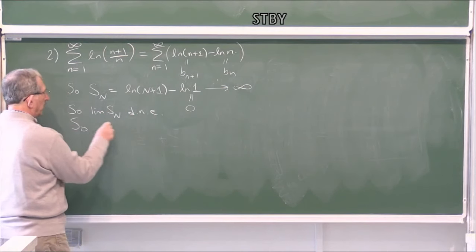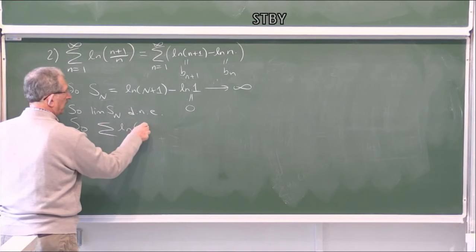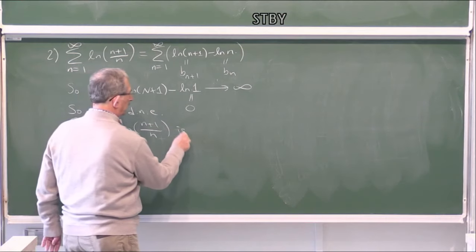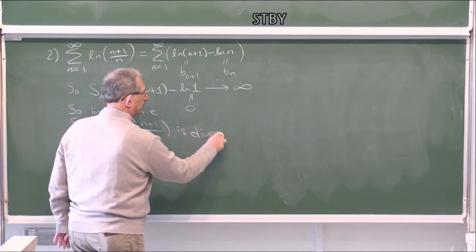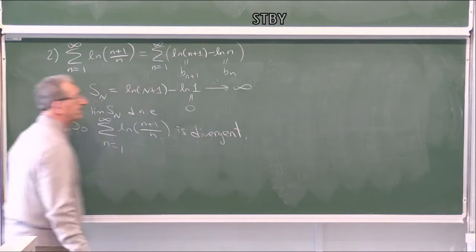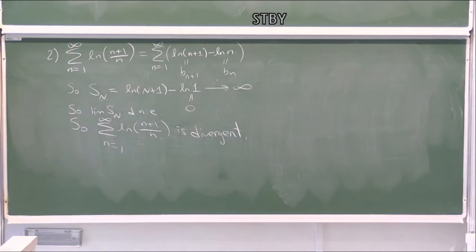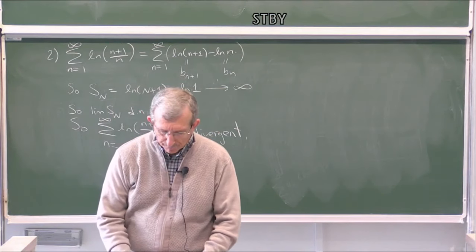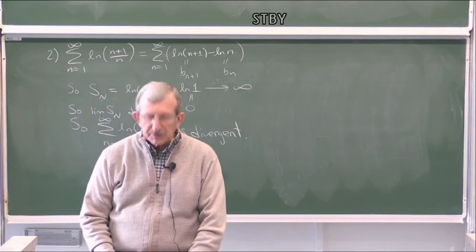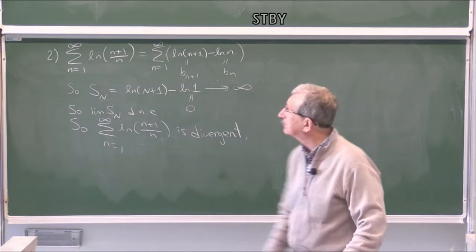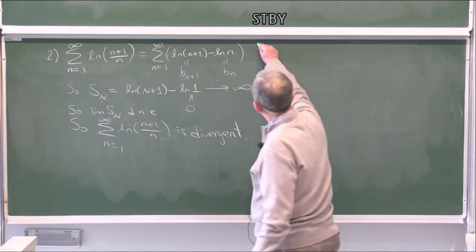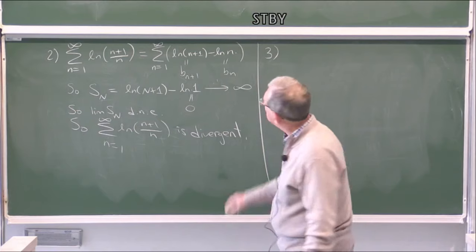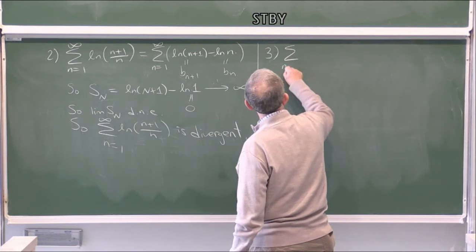Okay, so the series is divergent. So because we know what Sn is, it's easy to decide whether the series is convergent or not. Sometimes this is not very obvious. Okay, I will not complete the third example, but let me just tell you the hint, and then you can do it yourselves.